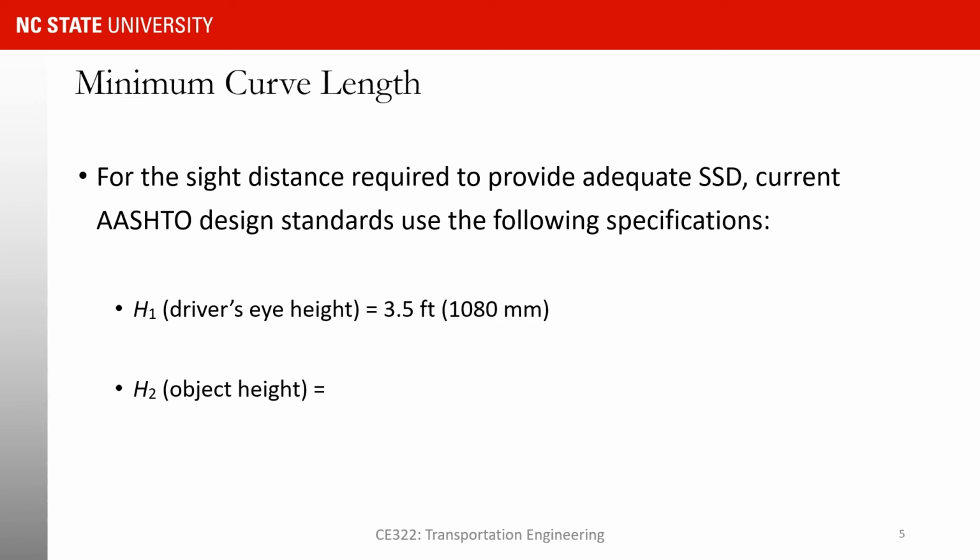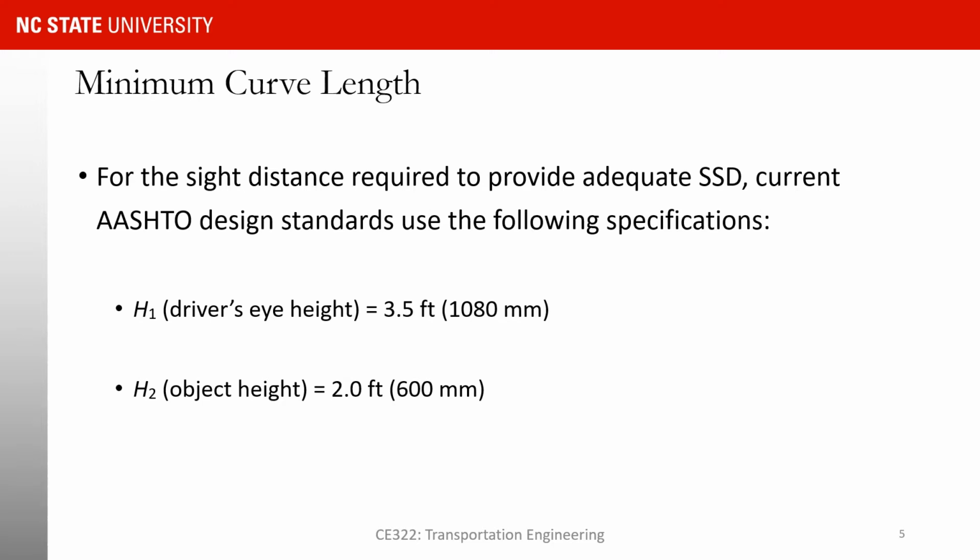And for the object, we know that if the object is too short, we probably don't care about it, as the vehicle can go over the object. But the objects that are at least 2 feet are those that we are concerned about, and we want to make sure that the driver has an opportunity to see them and avoid them by stopping the car.